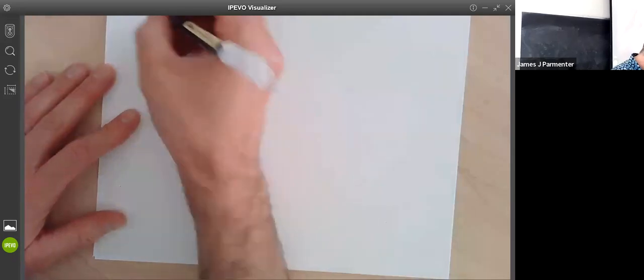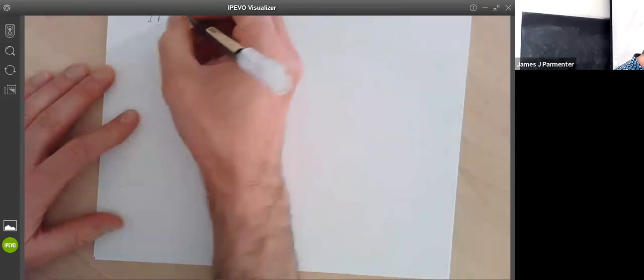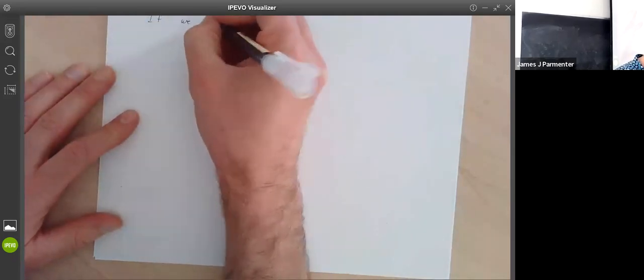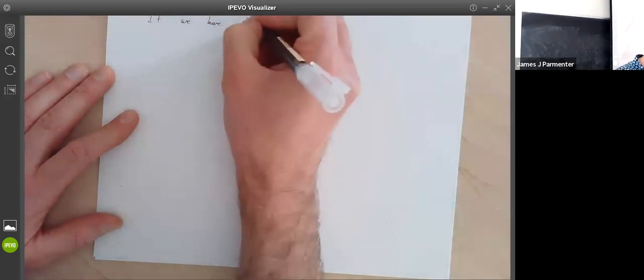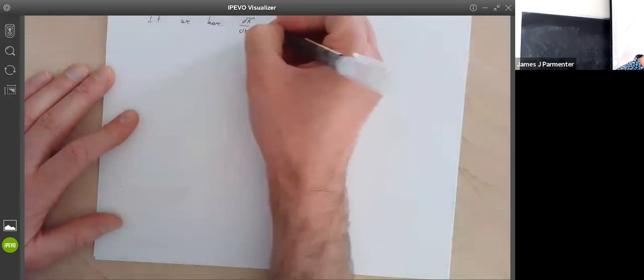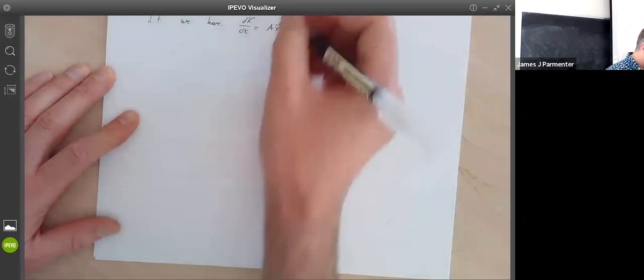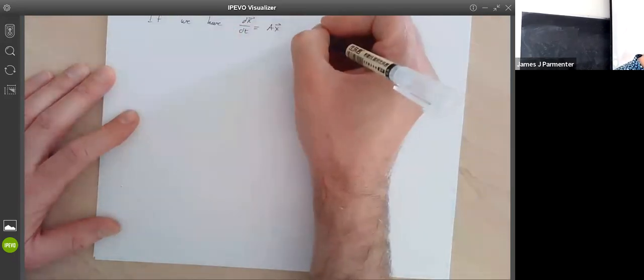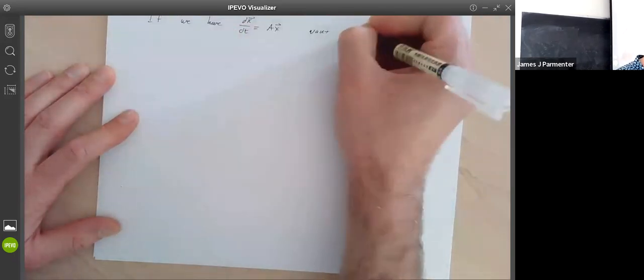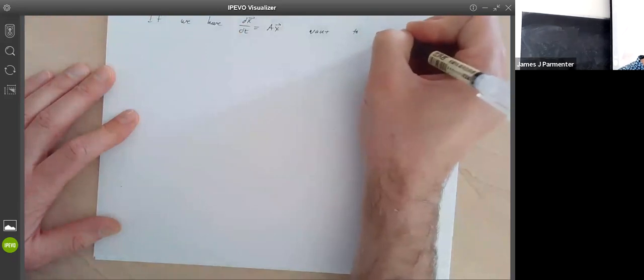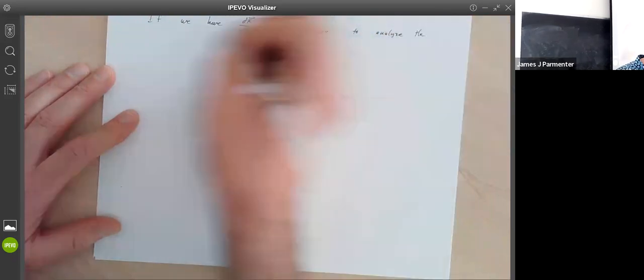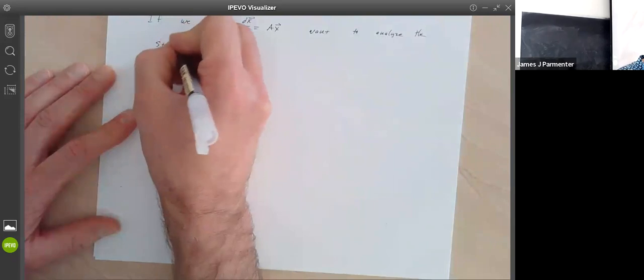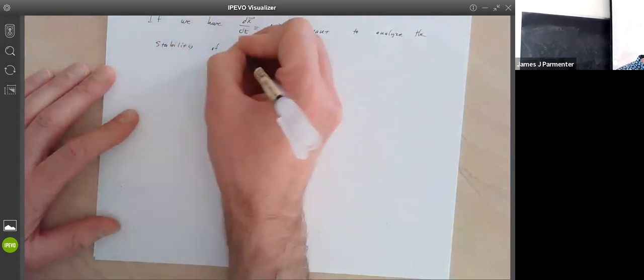So for example, if we have the usual dx/dt equal to A times x, we want to analyze the stability of the equilibrium.